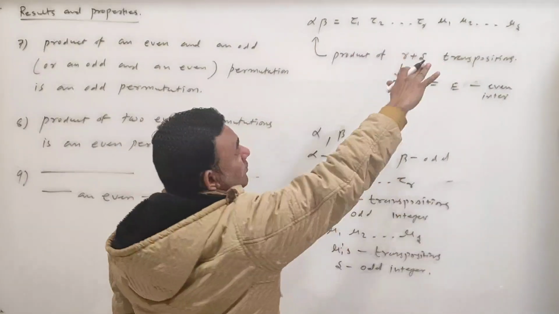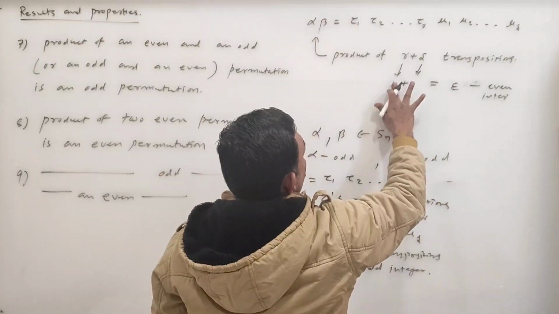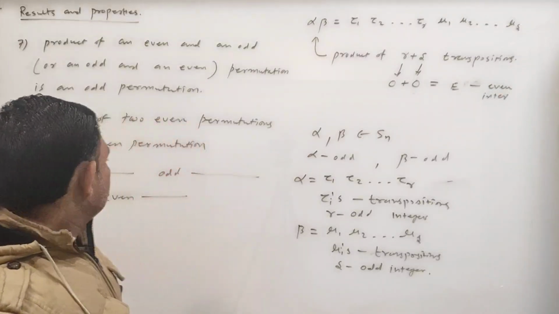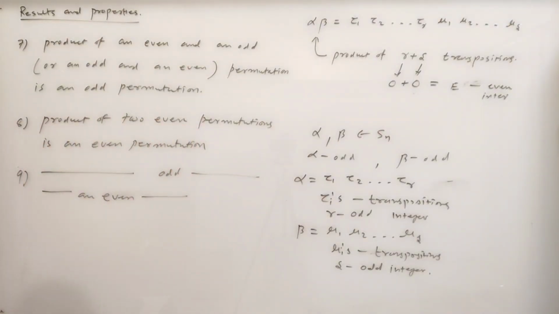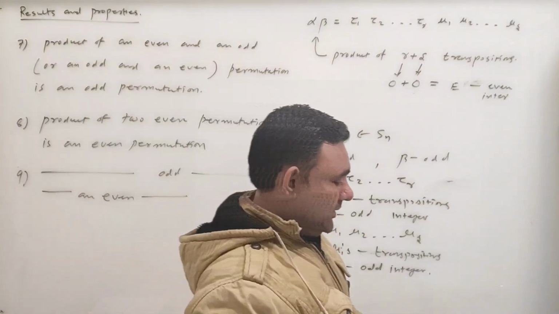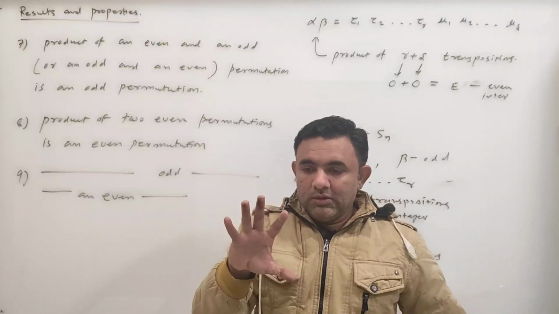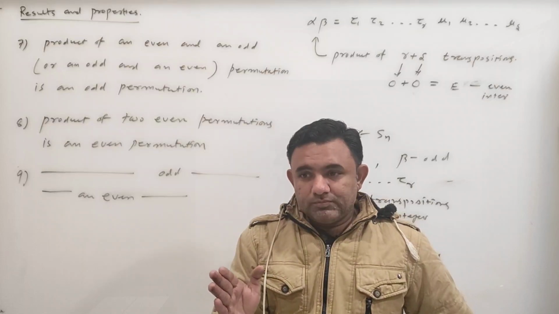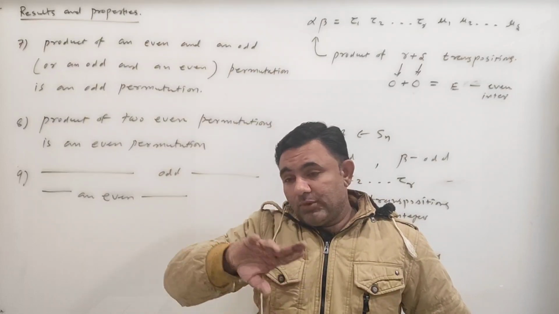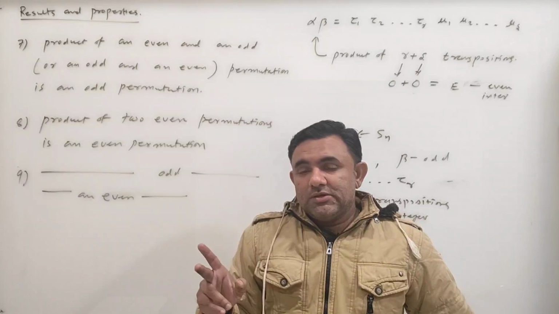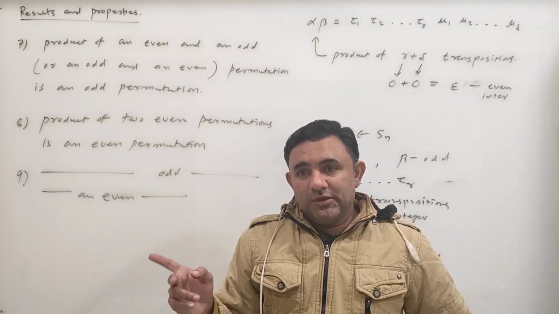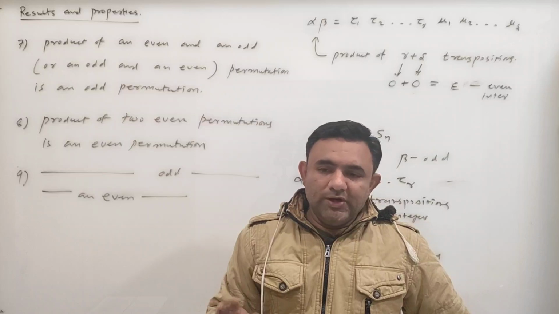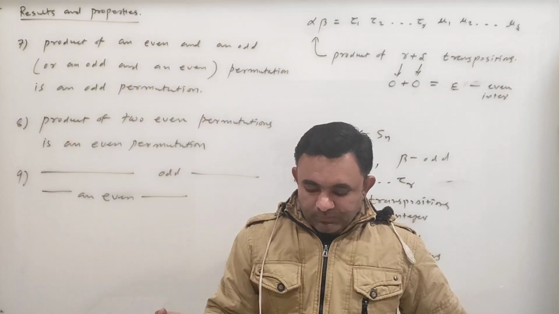And here alpha into beta is a product of r plus s transpositions, and both are odd. So odd integer plus odd integer is an even integer, so it is an even permutation. So whether the permutations are even or odd, the nature of the product depends just on the sum: the sum of two odd integers is even, the sum of two even integers is even, and the sum of one odd and one even integer is odd. So it depends on that one.